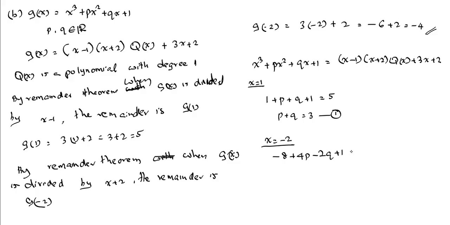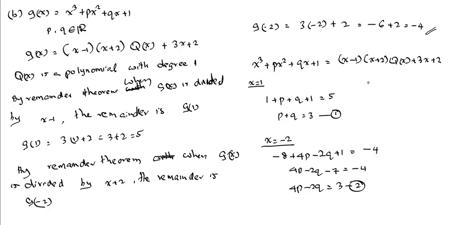This is equal to minus 4. So 4p minus 2q minus 7 equals minus 4. 4p minus 2q equals 7 minus 4, which is 3.